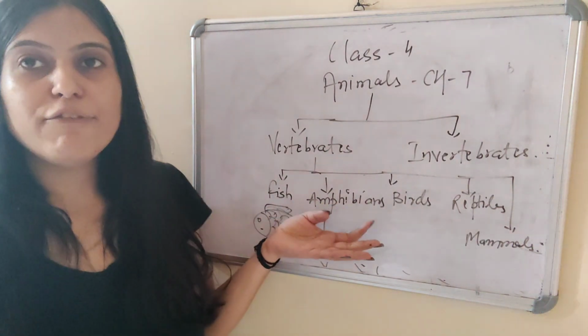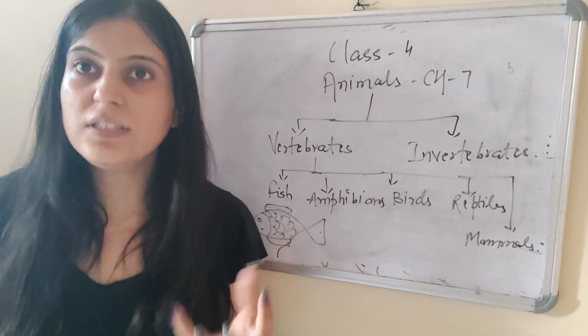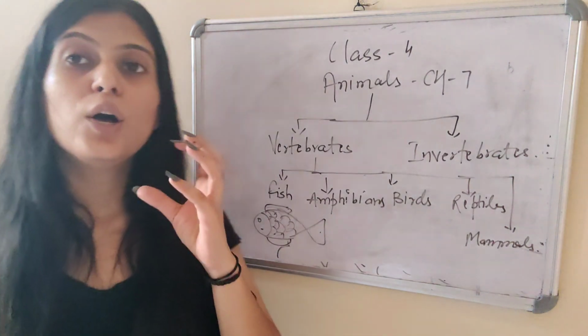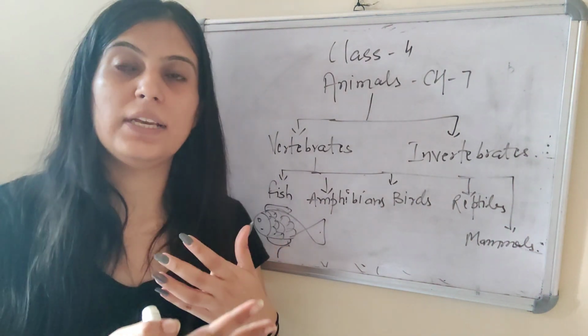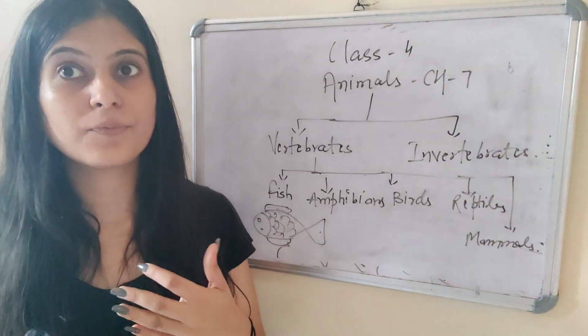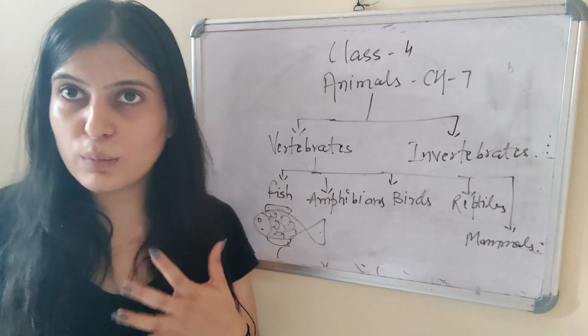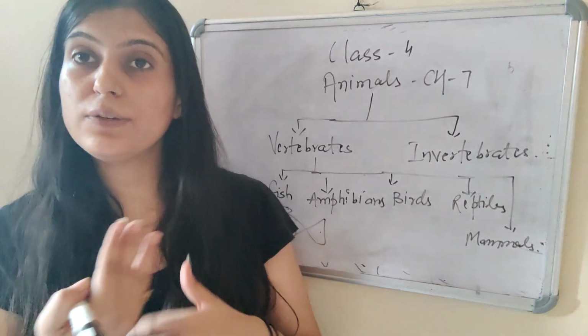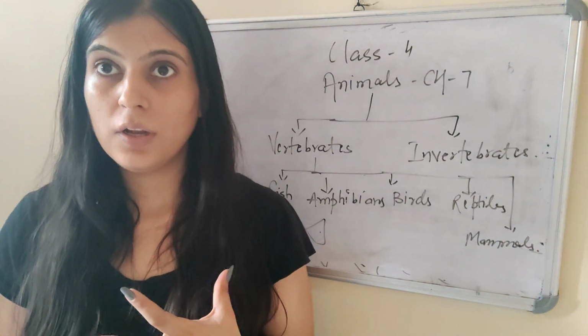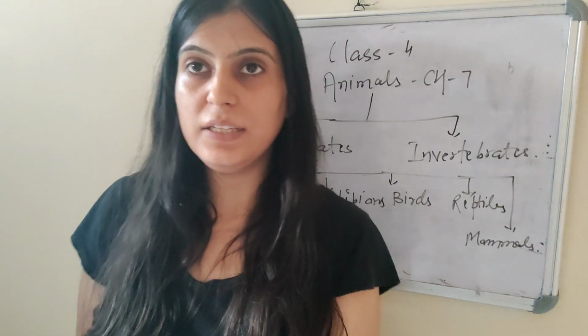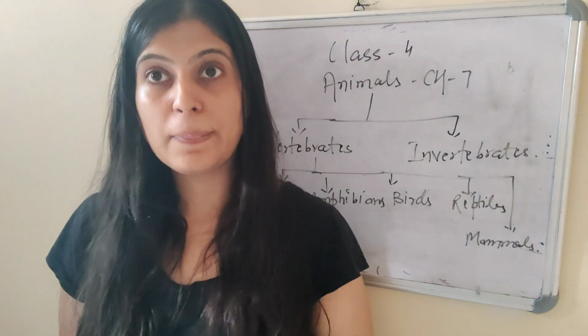Next one is amphibians. Amphibians are those organisms which live on both land and water. They can survive in the water also, they can survive on the land also. But how do they breathe in the water?